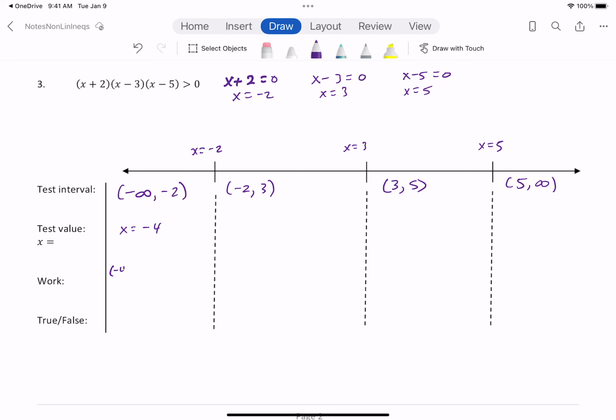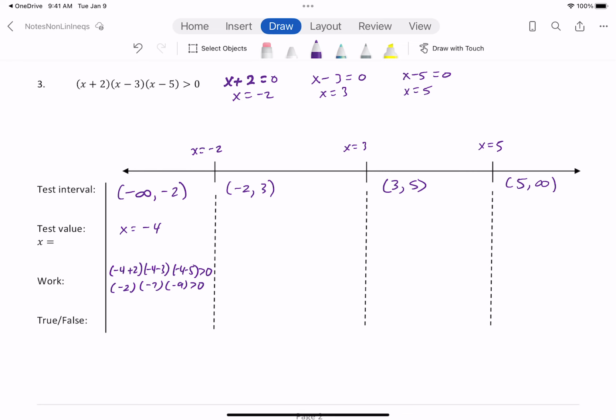So we're going to put the -4 back into our original inequality. And we want to see if it's true, just like before. So this gives me -2, -7, -9.